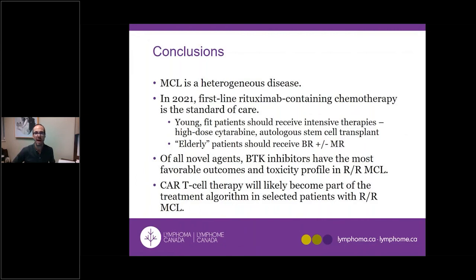What to do upon resistance to BTK inhibitors continues to be a question, but it is an area of active research. And I think that's where CAR T-cell therapy will probably come in for most patients. And I do think CAR T-cell therapy will become part of the algorithm, not for everyone, but definitely for selected patients with relapsed refractory mantle cell lymphoma.